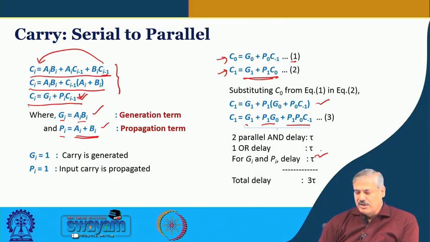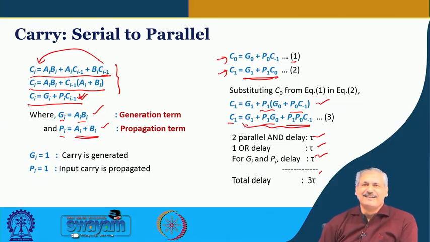This is one AND gate, this is one AND gate, 2 input and 3 input AND gates. They generate output in 1 tau, and finally this is ORed, that is 1 tau. So, after 3 tau we get the value of C 1. Earlier using ripple carry mode, what was the time required for C 1? It was 4 tau. So, there is some benefit.